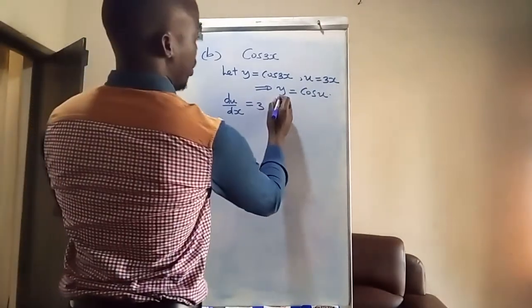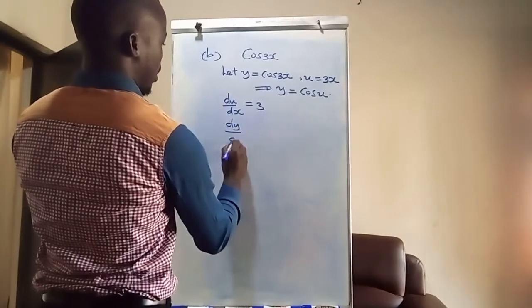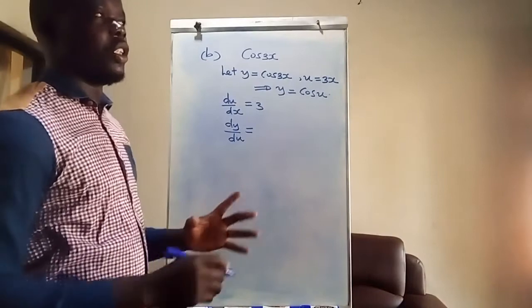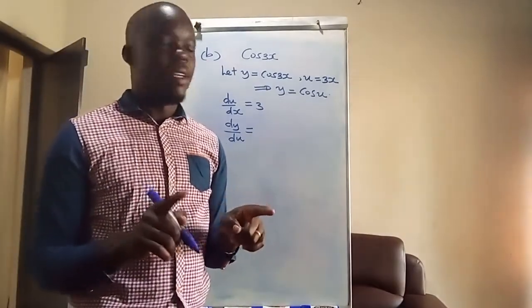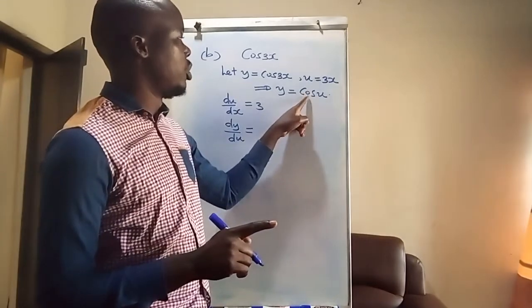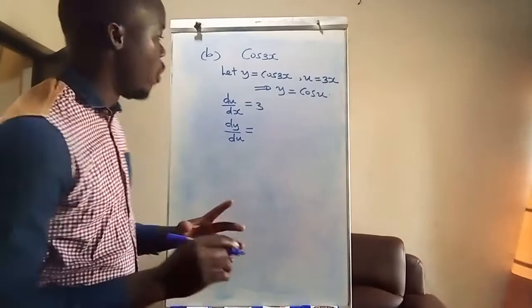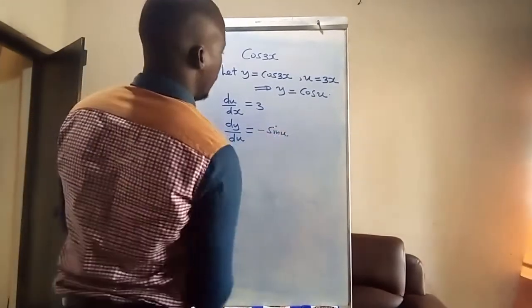Then we also differentiate this function, but with respect to u. So I will get dy du, when you differentiate cos of x, remember, we said you get minus sine of x. Meaning when you differentiate cos of u, you get minus sine of u.